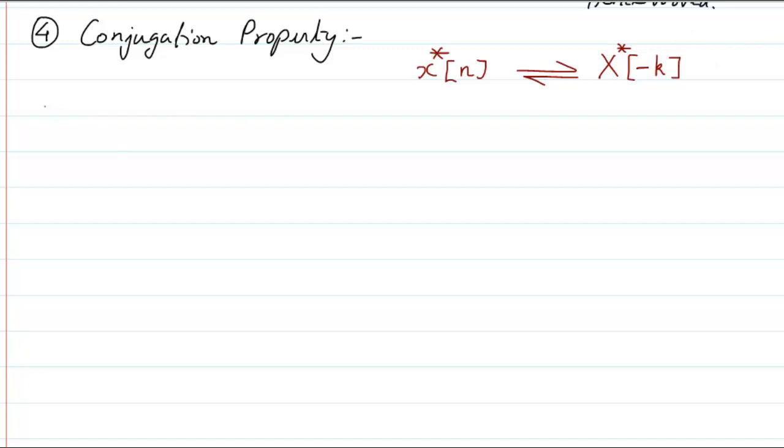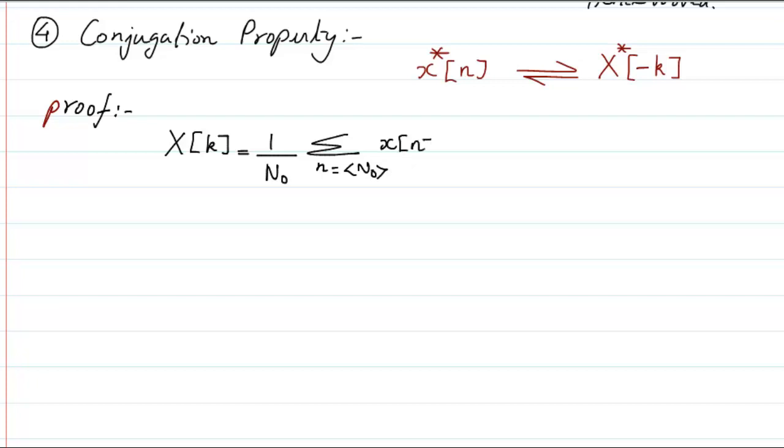The proof is quite simple. We know that the function X of k can be obtained by the equation 1 by N naught summation small n within the period N naught, x of n e raised to power minus j k omega naught n.